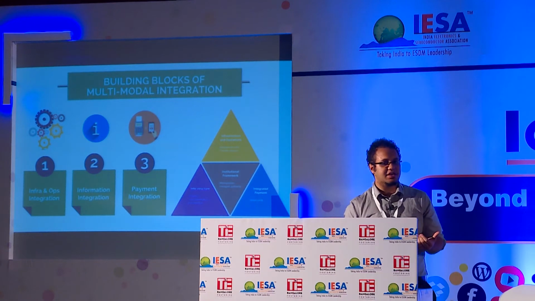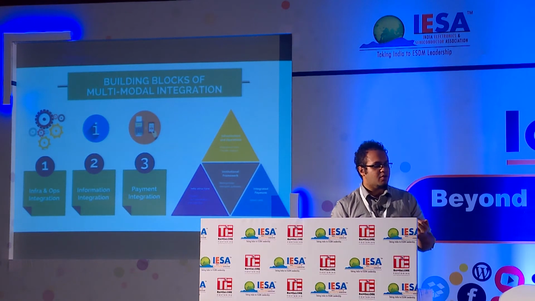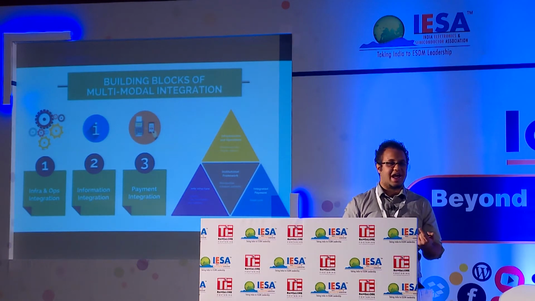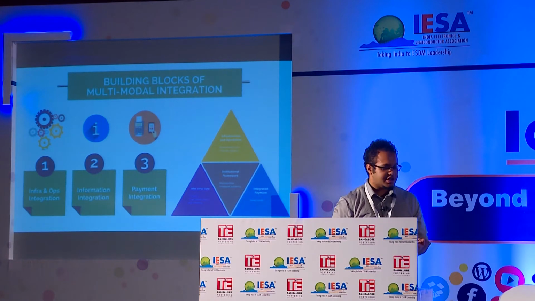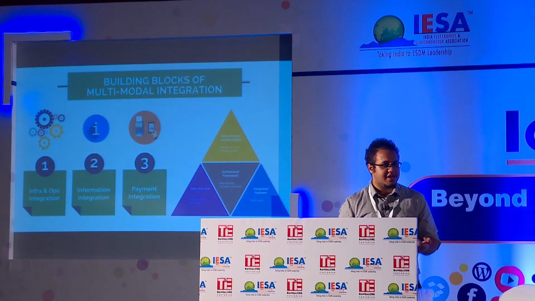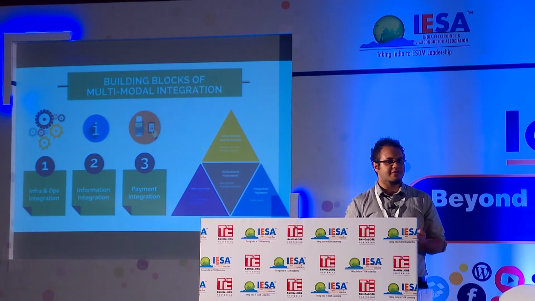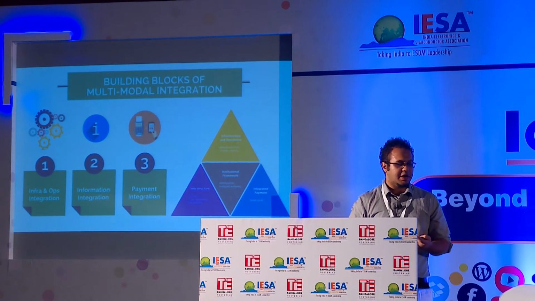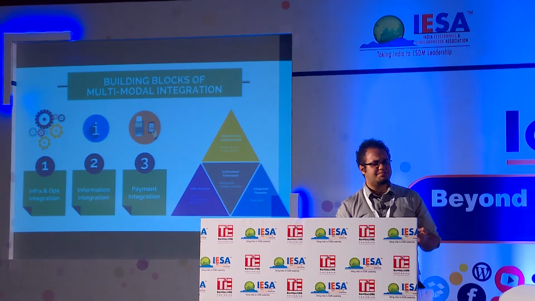Then there is information integration. When you want to go from place to place, what are the schedules, what are the routes, what is the occupancy of each vehicle, what is the fare of each vehicle? All this is valuable information that helps people plan their route from place A to place B. And the third thing is payment integration.